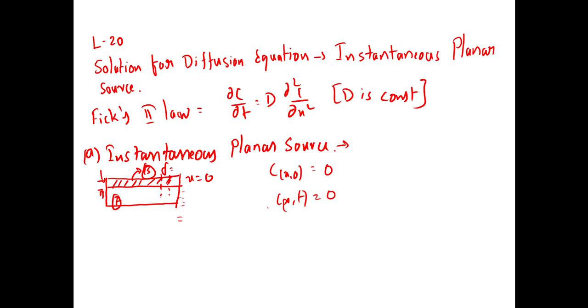The second boundary condition is that the element which is present here can't diffuse completely to the end. That is, C of infinity comma t is 0. If you annealed it for time t, then also at infinity it can't reach the end.